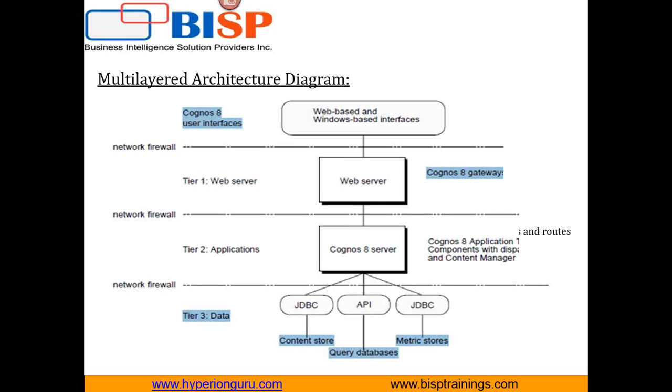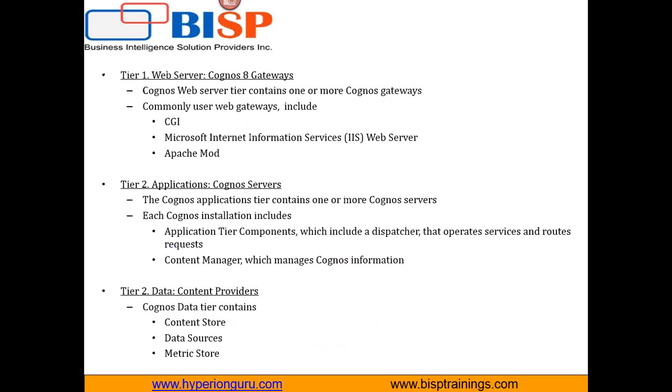Now I'll talk a little bit about the components which reside at each tier. First, tier 1, the web server. At the web server level, all the gateways reside. The Cognos web server tier contains one or more gateways, as I already said, since Cognos supports multiple server installation also.